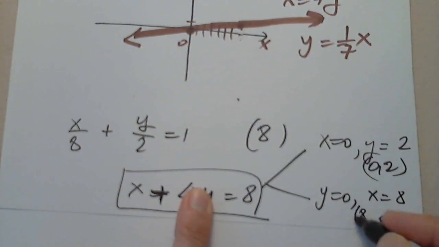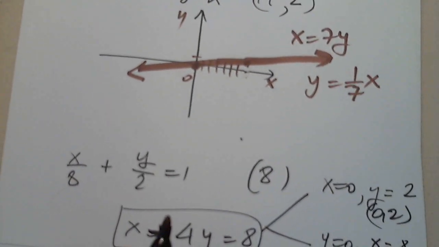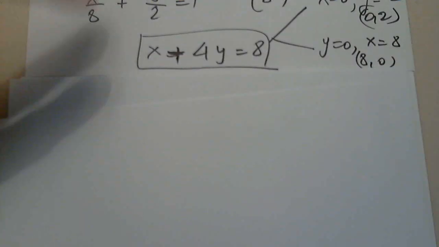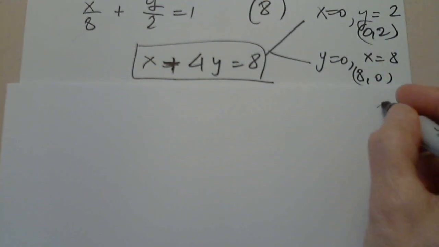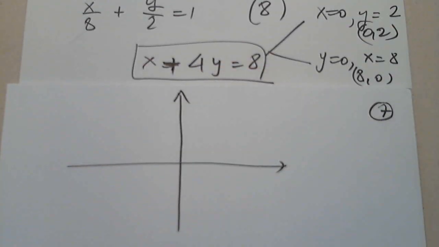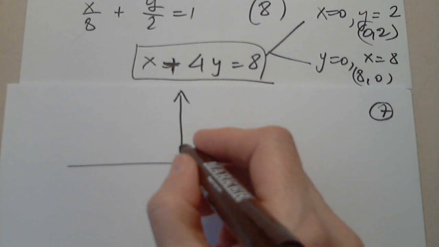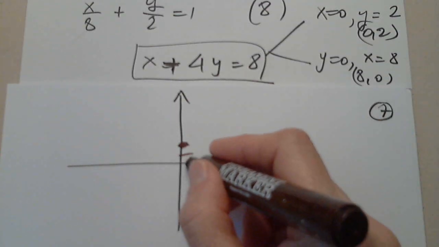So 8, 0. Who cares about this? I don't. Good. So now I have the x and y intercepts that I need. 0, 2, and 8, 0.